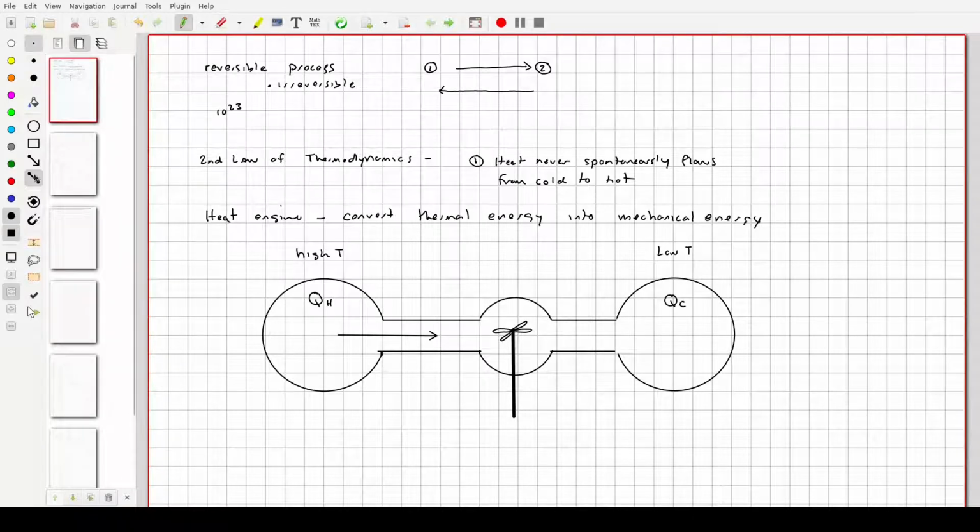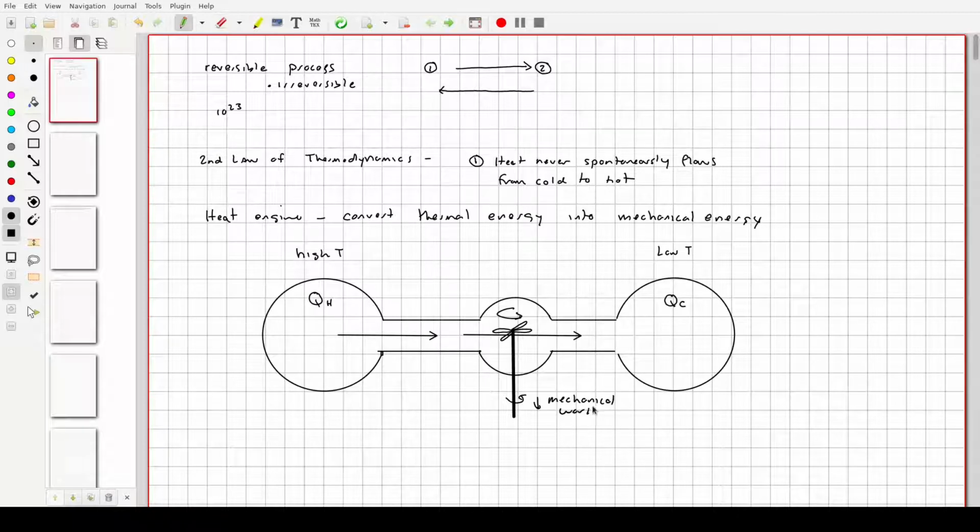So as the steam blasts past this, it's going to cause our propeller to turn, as the molecules of steam hit the propeller and transfer a little bit of momentum to it and cause it to rotate. So what ends up happening here is you get rotation, and we know that if you have rotation present, you have kinetic energy, and we can use that mechanically. So here's your mechanical work.